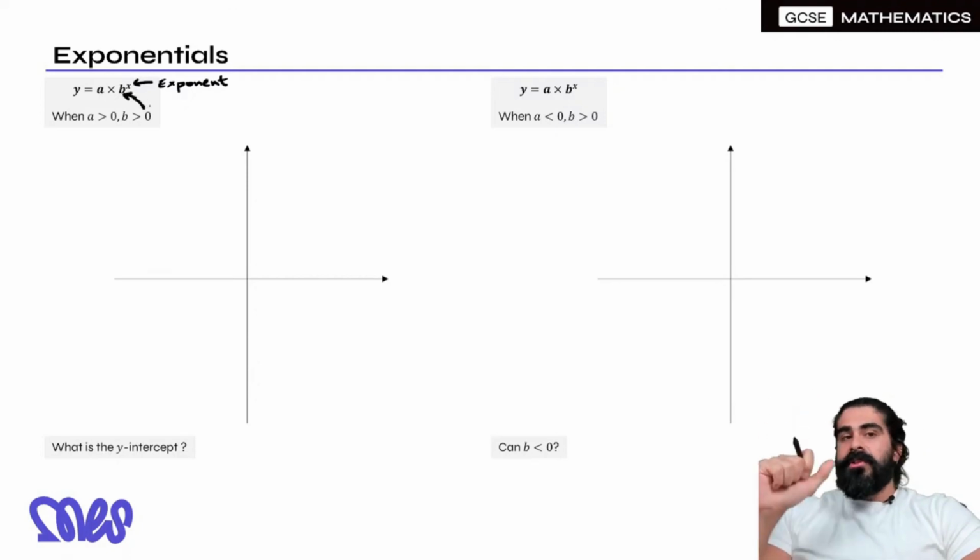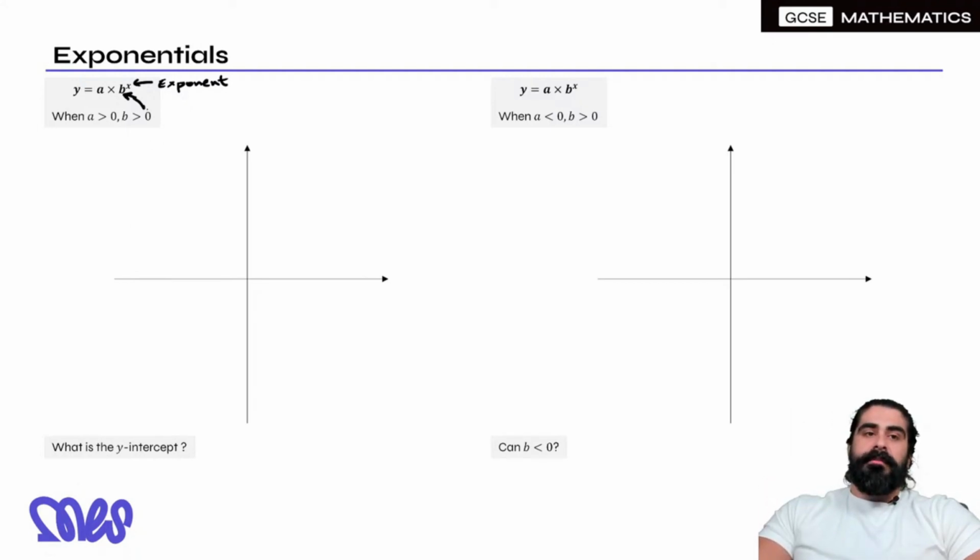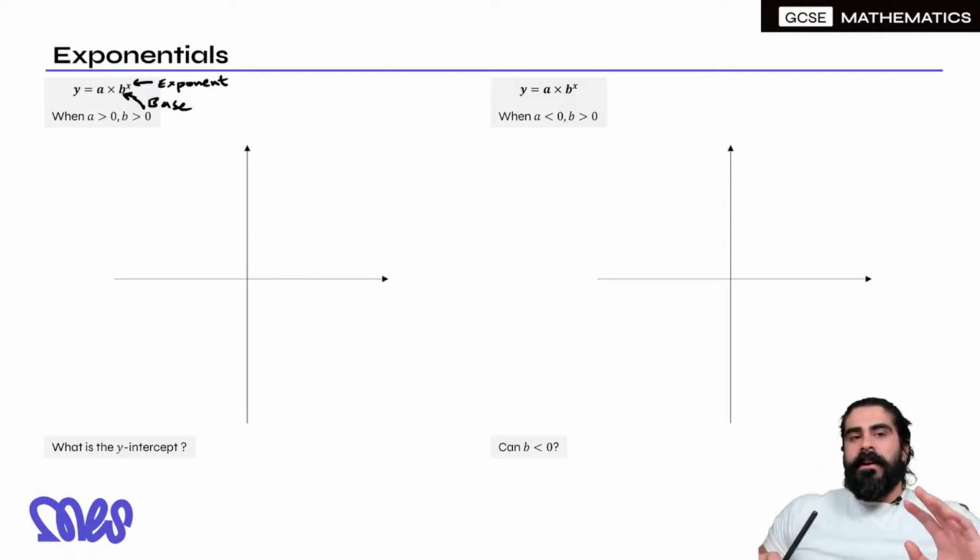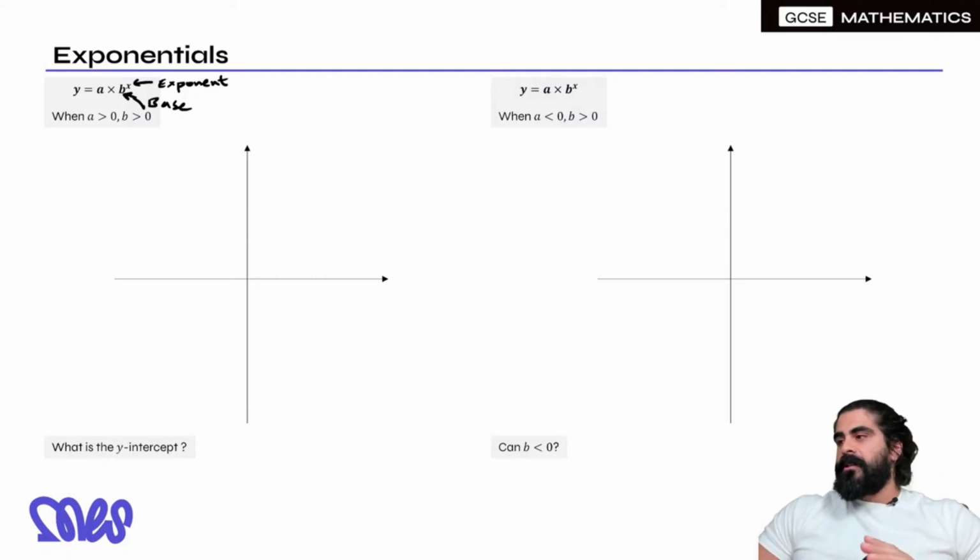There is no such thing as negative exponents where we call that the base number as well, b for base number. The base number always has to be positive, otherwise it's not an exponential. If b is negative, the whole thing becomes a mess, and it's degree level maths, and it's just not something that we deal with.